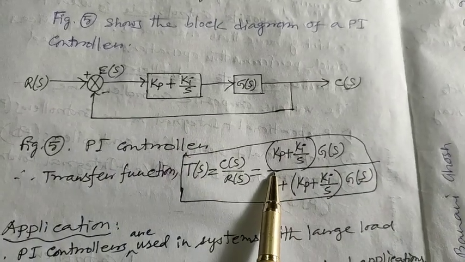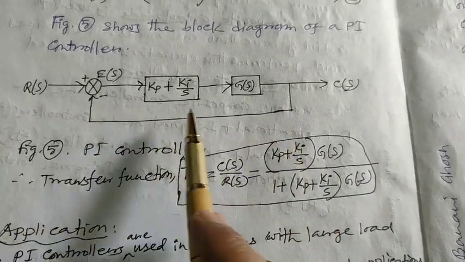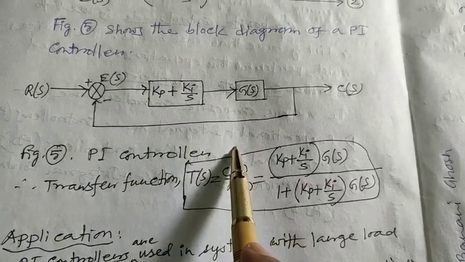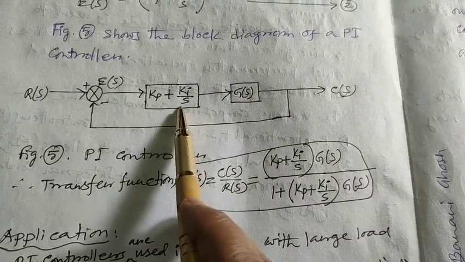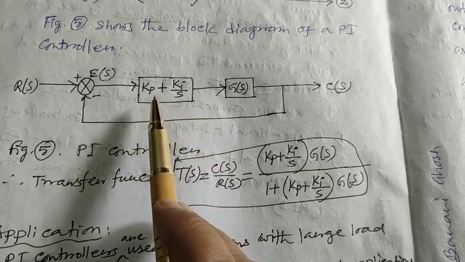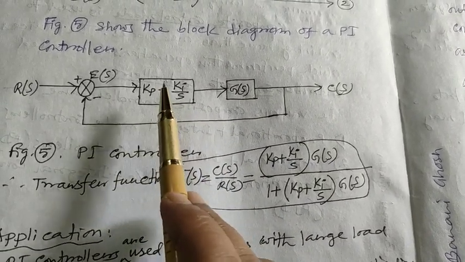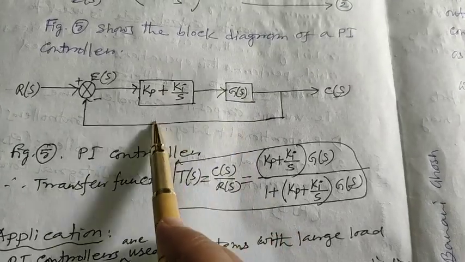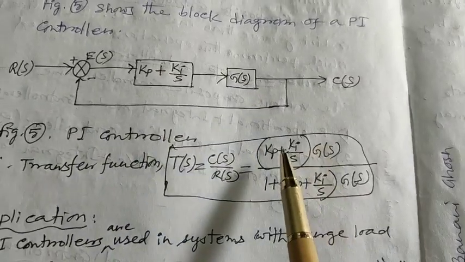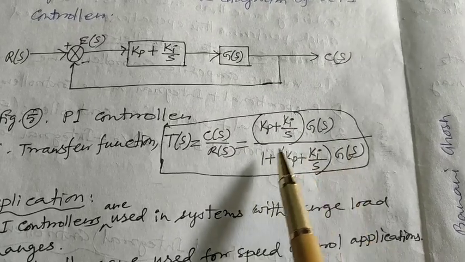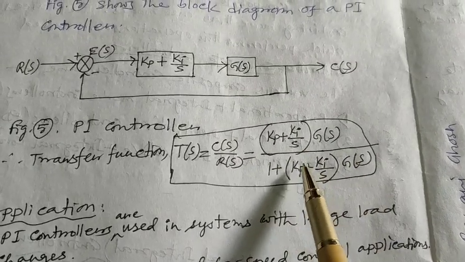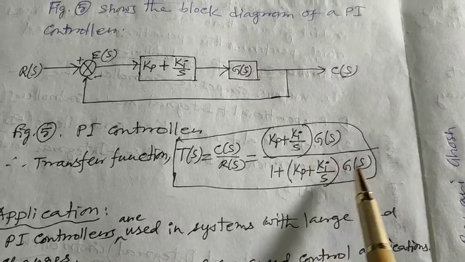Here it is unity feedback, so C(s) by R(s) equal to G(s) by 1 plus G(s). Here G(s) is combined with the controller, so we get C(s) by R(s) equal to (Kp plus Ki by S) into G(s) divided by 1 plus (Kp plus Ki by S) into G(s).